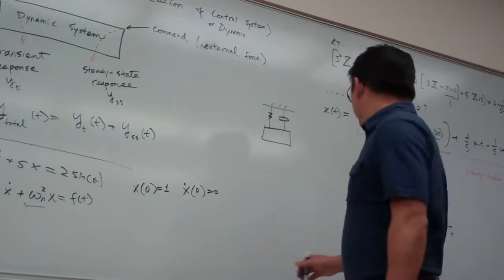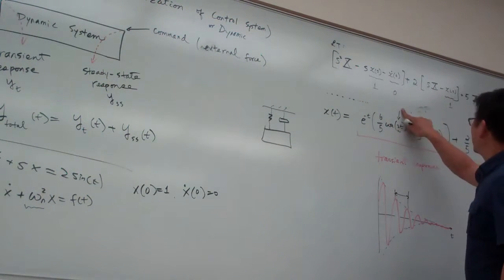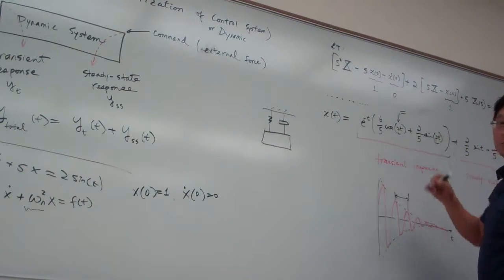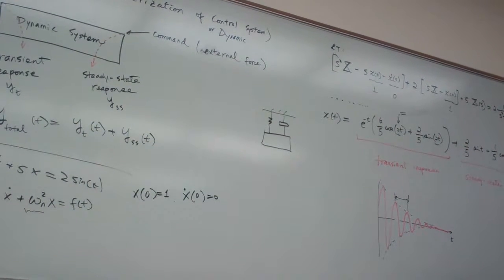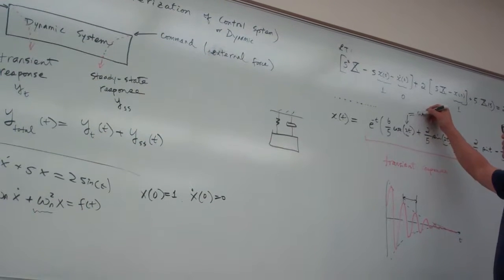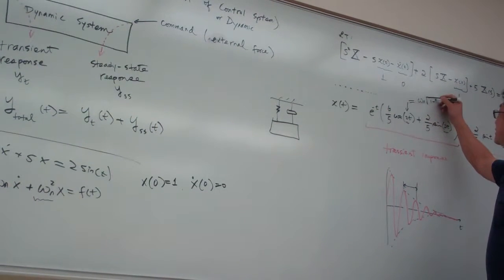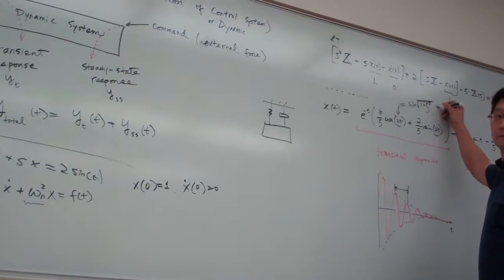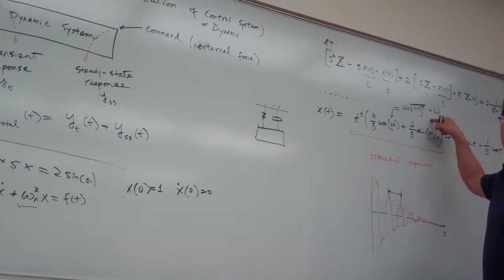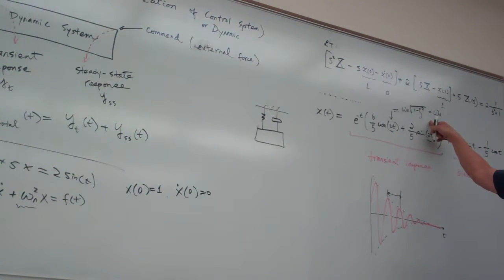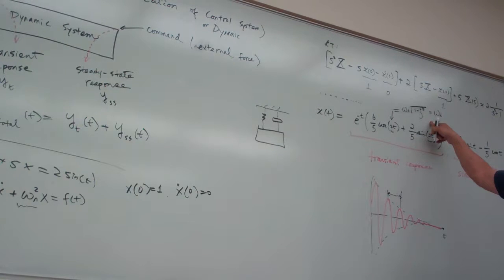It must be omega d. So omega d is equal to omega n times the square root of one minus zeta squared. That is what I define as the challenging question in our test.